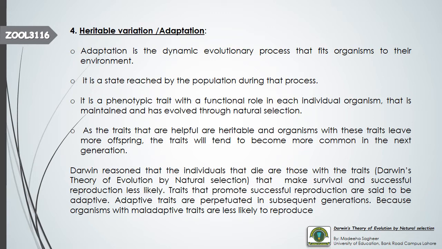Organisms that are not physically fit, that have maladaptive traits, cannot reproduce, so they cannot contribute to the next generation. Only organisms with the favorable traits could reproduce and pass their traits to their upcoming generation.